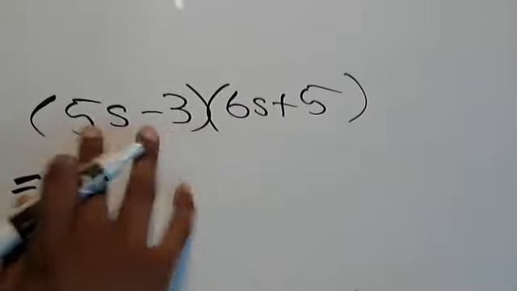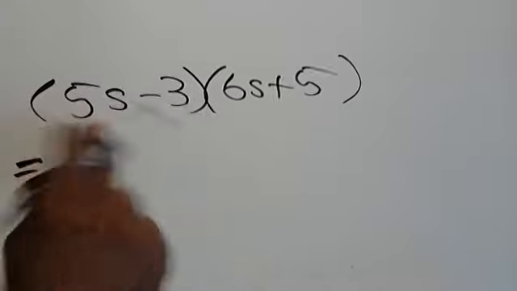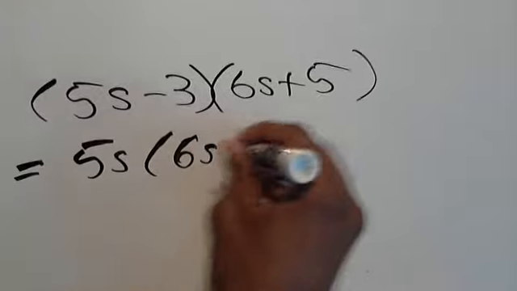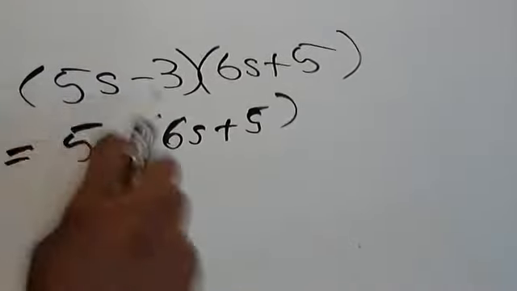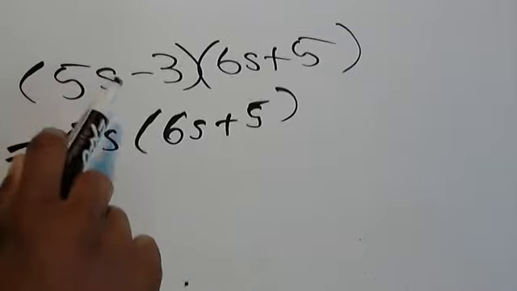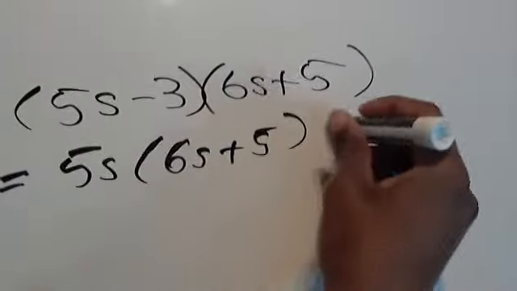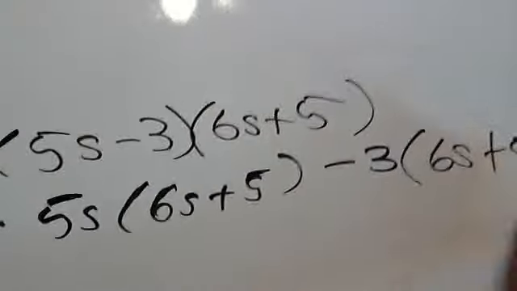So the first part of this is this 5s. So we'll have 5s that needs to multiply by 6s plus 5. That's the first part of this first quantity. Now following that 5s is minus 3. So I have to subtract 3, and then I'm going to be multiplying all of that by 6s plus 5.